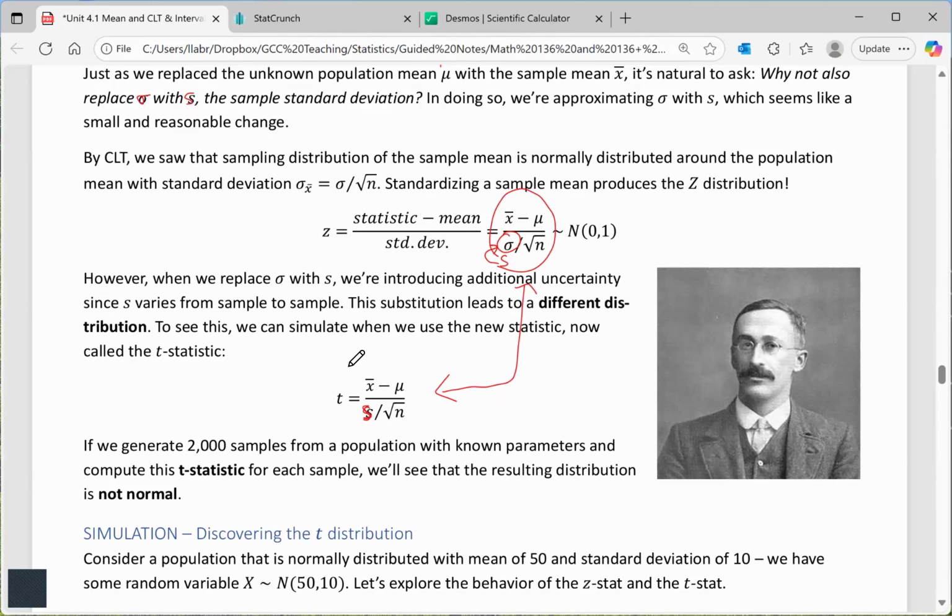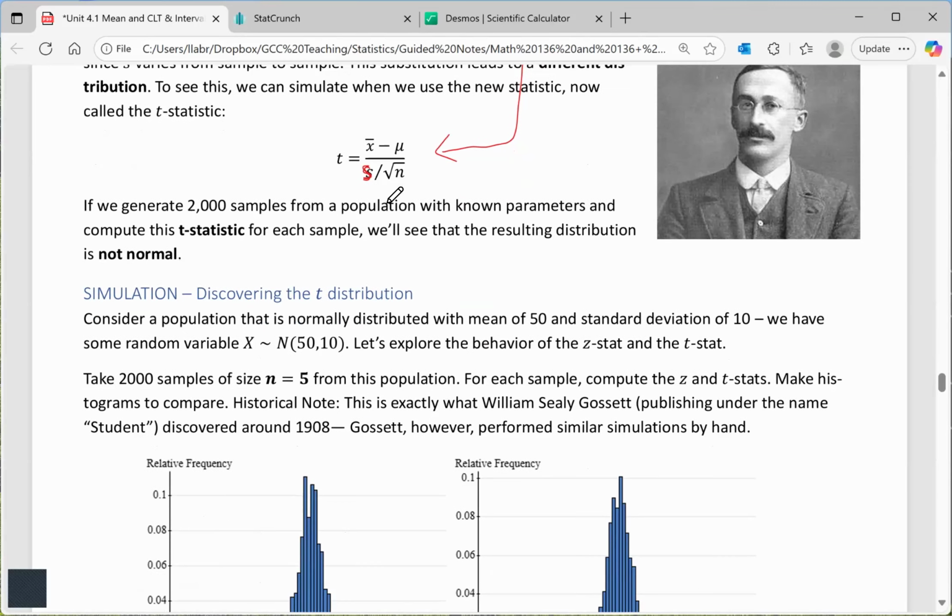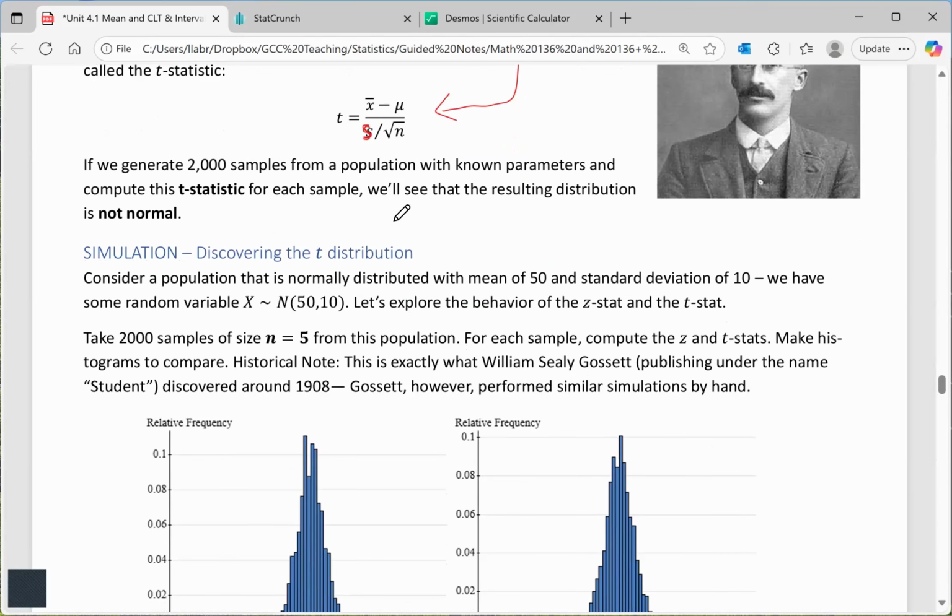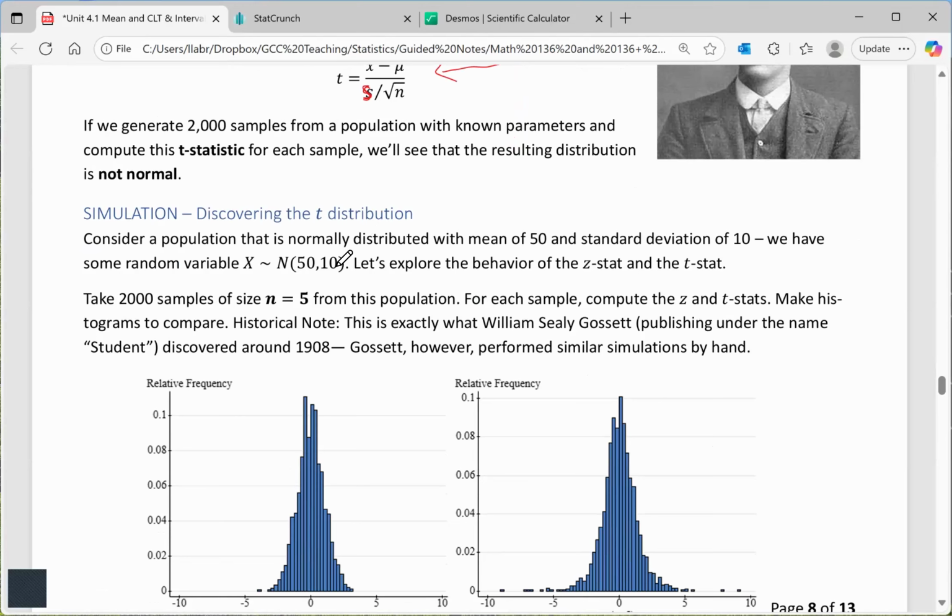So let me take sample after sample after sample. I'll simulate from a population that has a mean of 50 and a standard deviation of 10, taking samples of size 5.